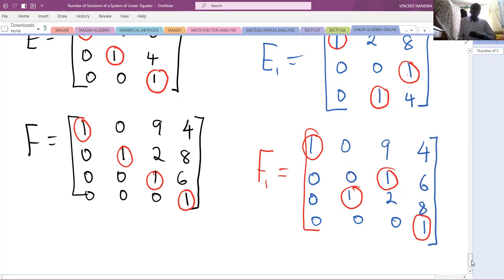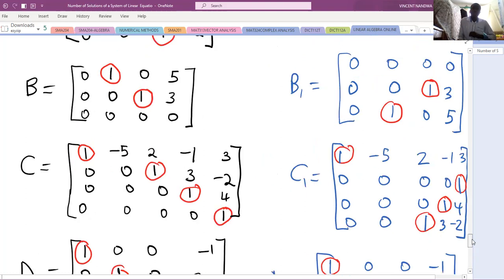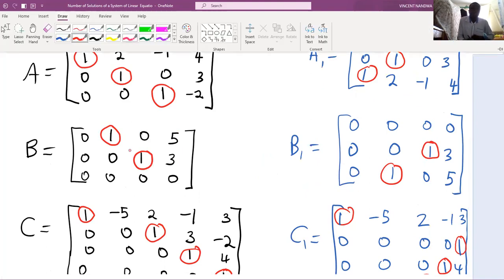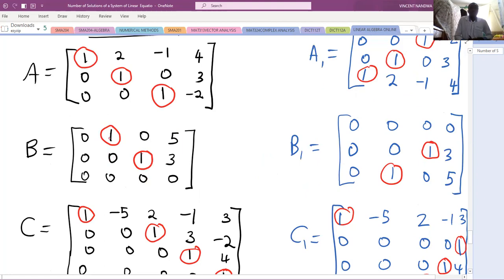Now, for the examples we have given, matrix B is in row echelon form. Also, when you consider the columns with leading ones, you see this is 0, this is 0, this is 0, this is 0.